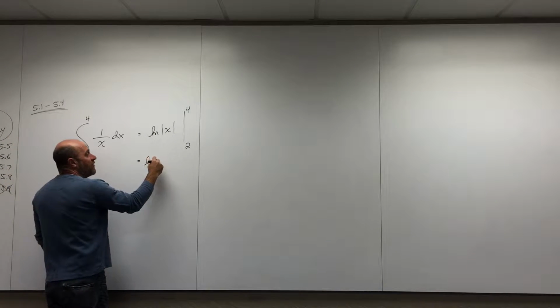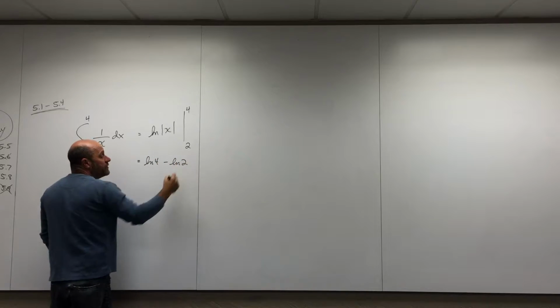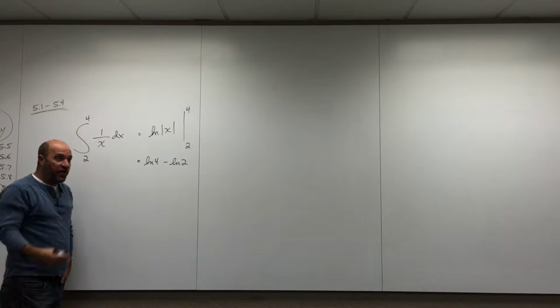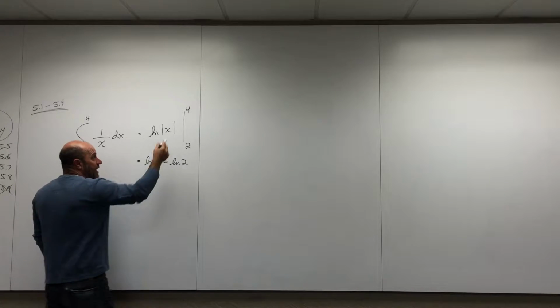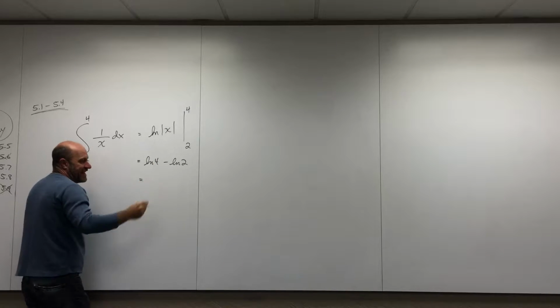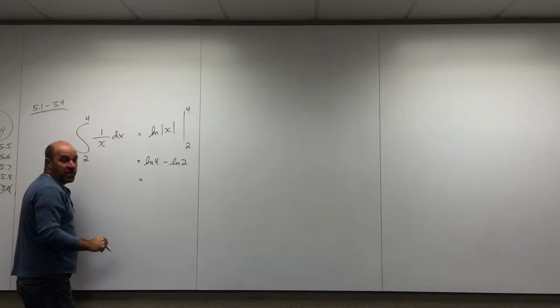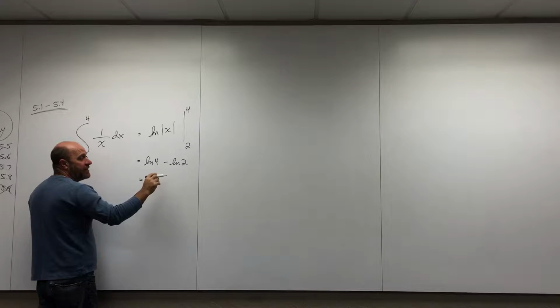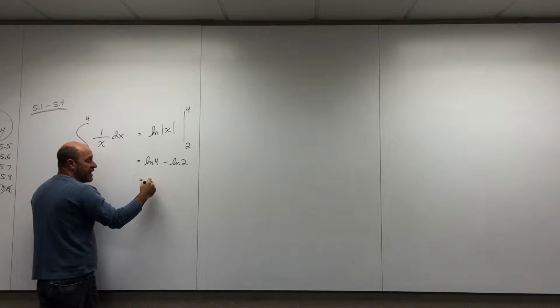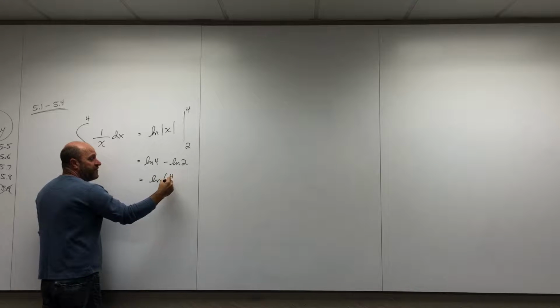It's the natural log of 4 minus the natural log of 2, and it's some decimal. You plug in the 4, you plug in the 2, you subtract. Your book will get fancy here, but it's not fancy. It's just using a little log properties. Maybe you remember that the subtraction of 2 logs is the log of 4 over 2.